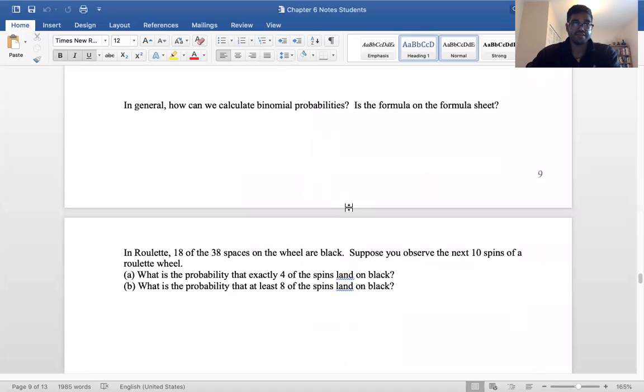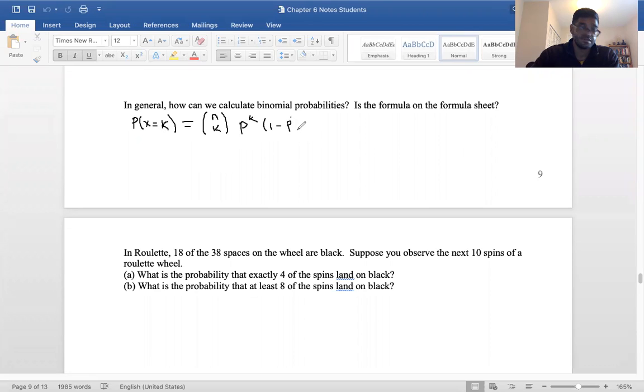But so now, how do we calculate some of these binomial probabilities? We have a little equation. You have the probability that x equals some number. Again, remember, x can take on any value from 0 to n. So the likelihood that you're at a specific point in this distribution is equal to n choose k, p to the k, (1 minus p) to the n minus k.